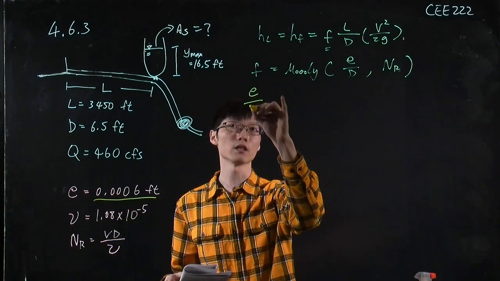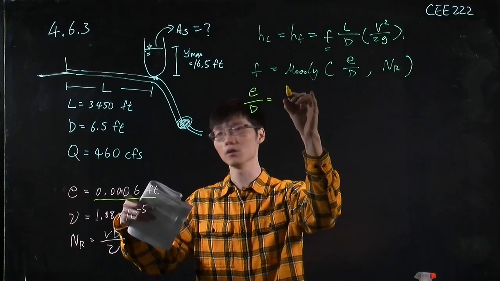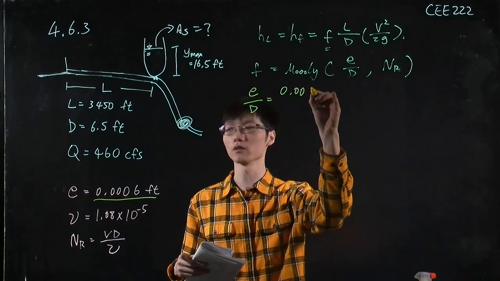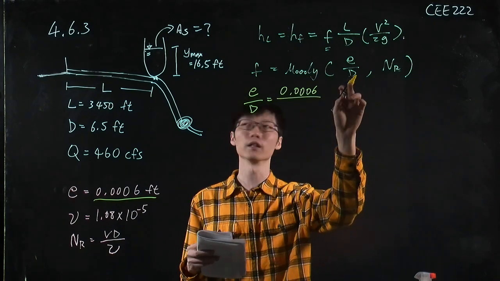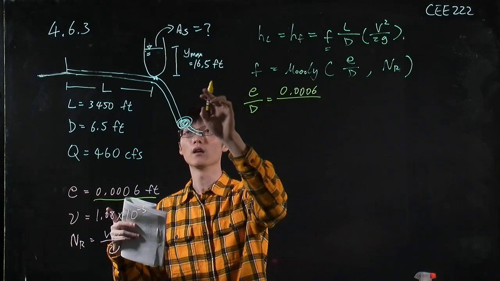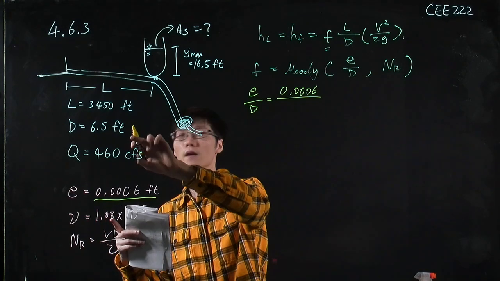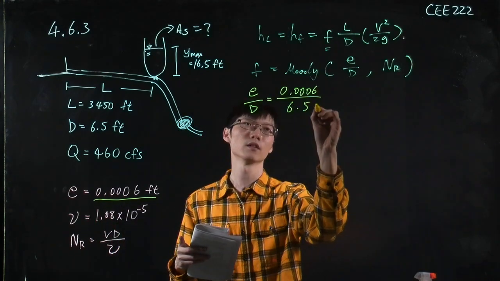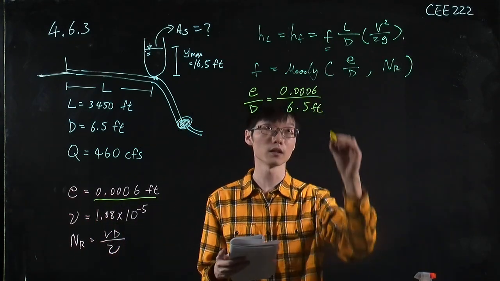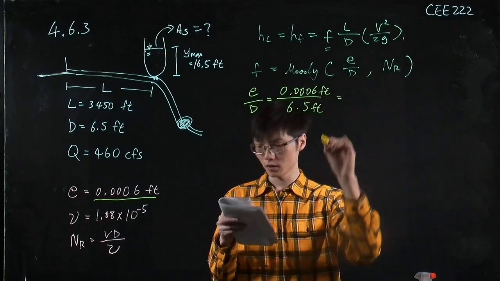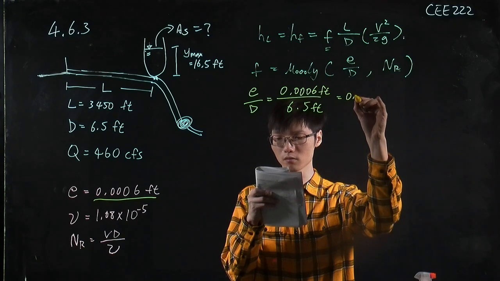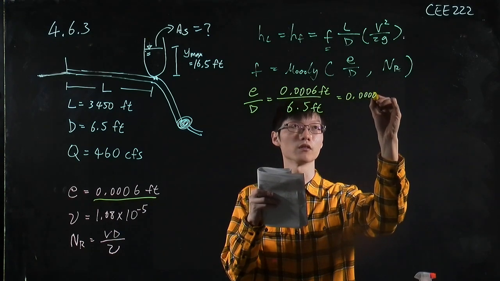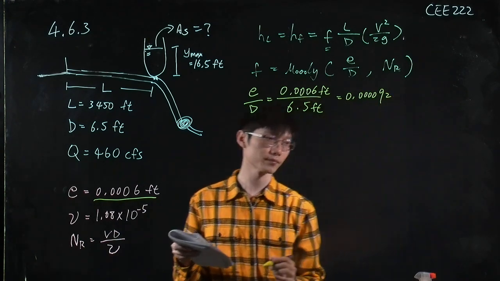So E divided by D is equal to 0.0006 divided by the diameter, 6.5 feet, also in feet. So we know that this is equal to 0.000092.